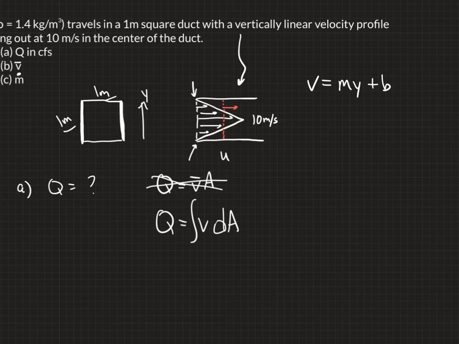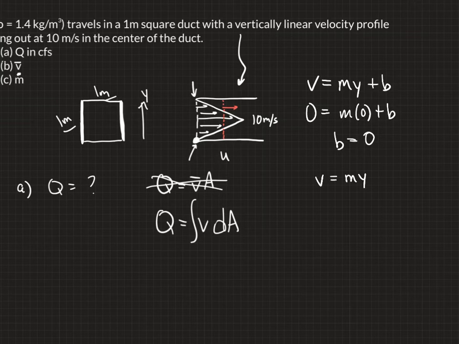At the bottom, the velocity is 0 when y is 0, plus b, so that means b equals 0. I'm using this point right here and plugging in the velocity of 0, which we can see from the graph, at y equals 0. And so I get b is 0. So now I know v equals my.